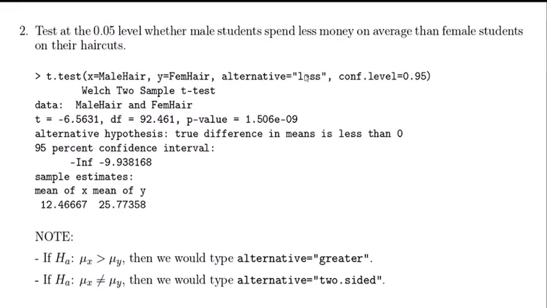For a 0.05 level of significance, the confidence level is going to be 0.95. Because it's a one-sided test, when you look at the confidence interval you only have one side, going to negative infinity. The p-value associated with this test is here. It is less than 0.05, so you reject H naught.